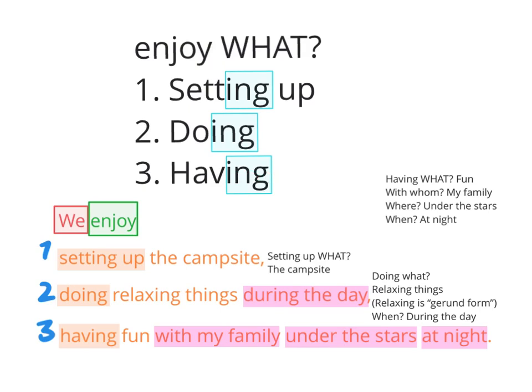When we are going to have a list of three phrases or groups of words, it is helpful if the first word of each one can sound the same, have a similar style or pattern. With these, I am using the gerund form of the verbs set, do, and have.